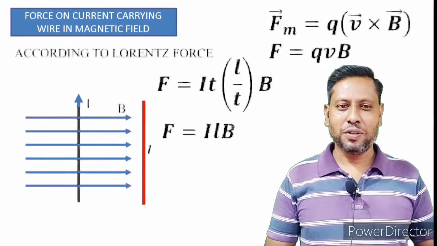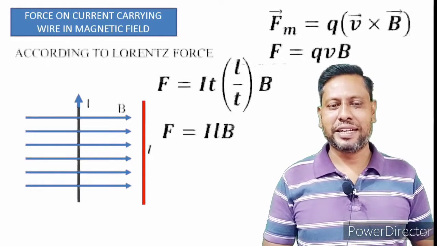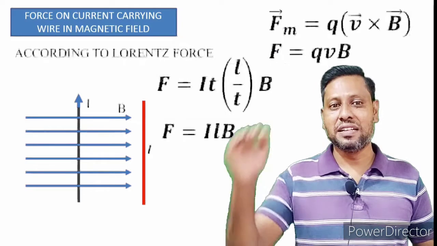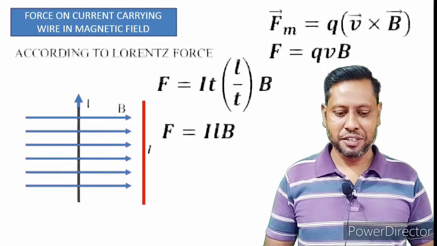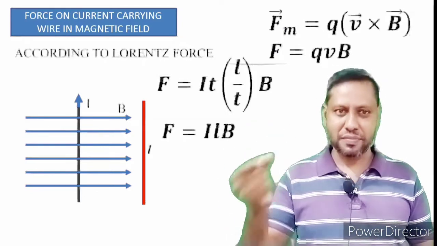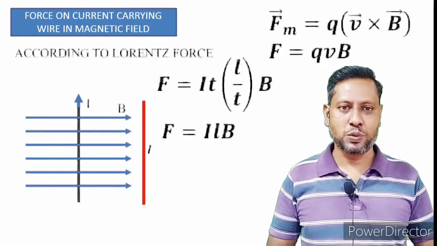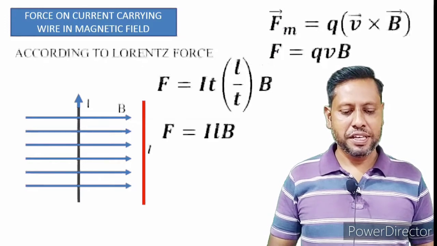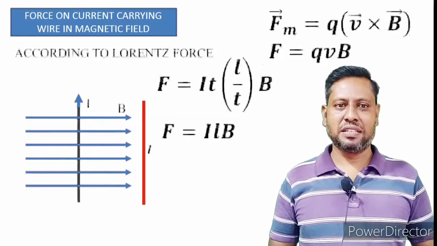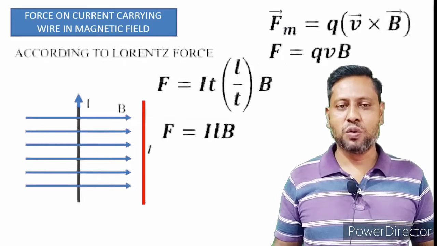Now that I into L can be taken as a current carrying element. If I take a small part, I can write that L as dL also. Here you can see L can be taken as a vector, B is also a vector.